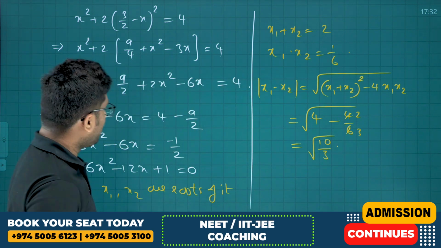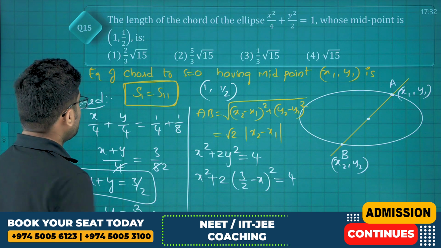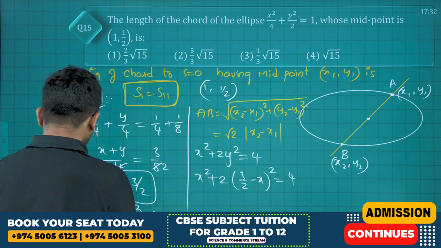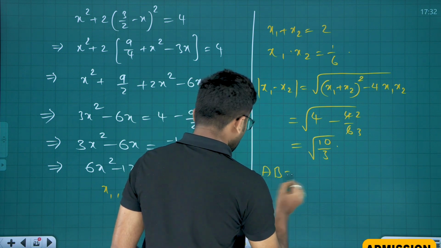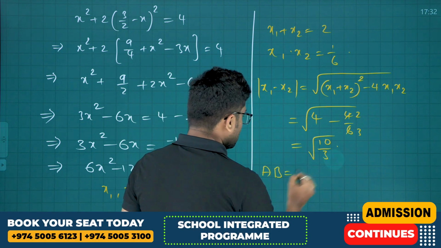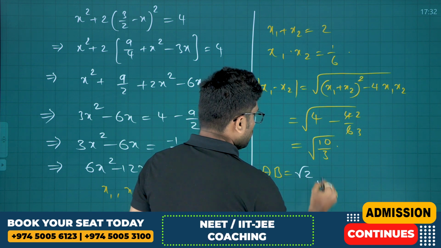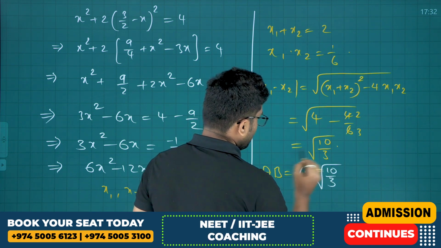But we need the distance, which is root 2 times this. So AB is equal to root 2 times root over 10 by 3.